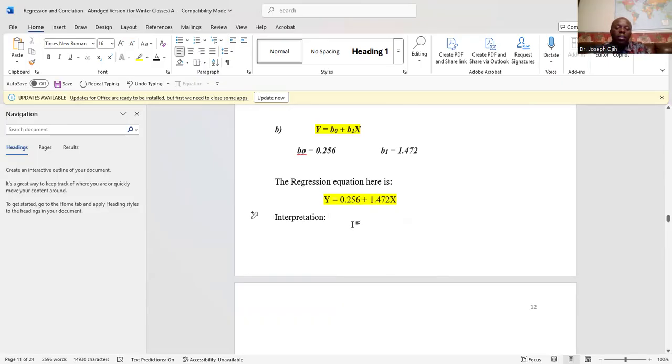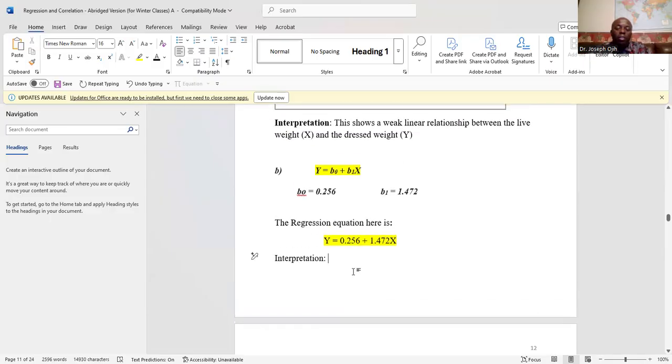So it means that the dress weight increases over time at the rate of 1.472 pounds for each 1 pound increase in the live weight. If it's negative, that means the dress weight decreases by 1.472 pounds for each 1 pound increase in the live weight. But this time it is positive, so it's increasing.